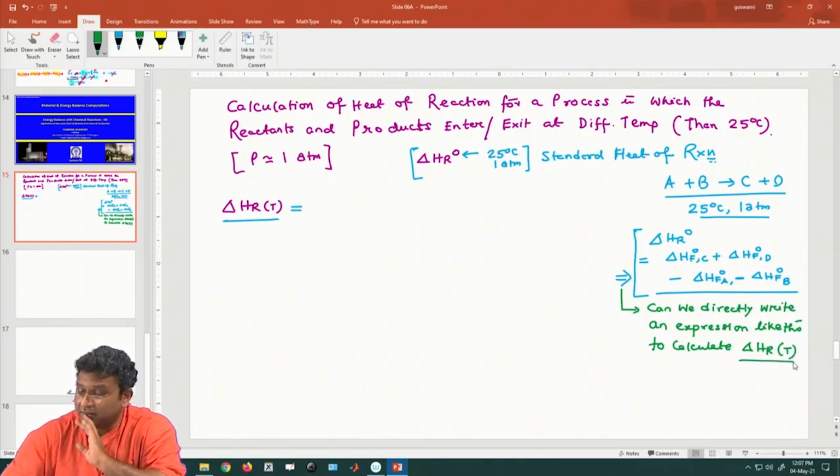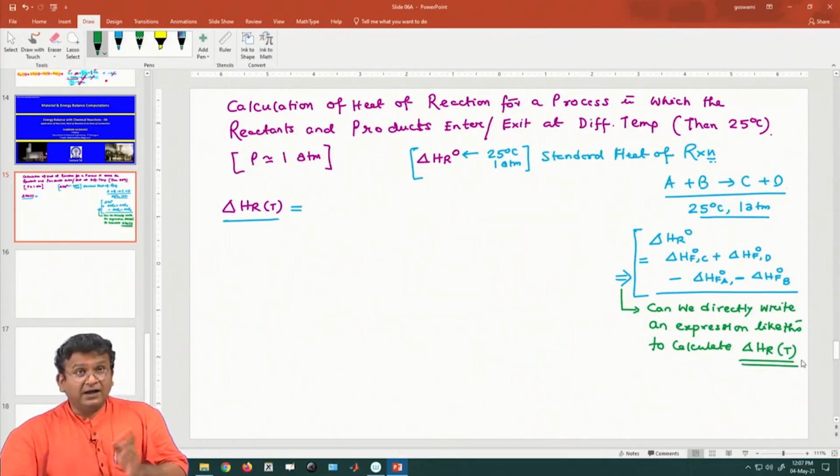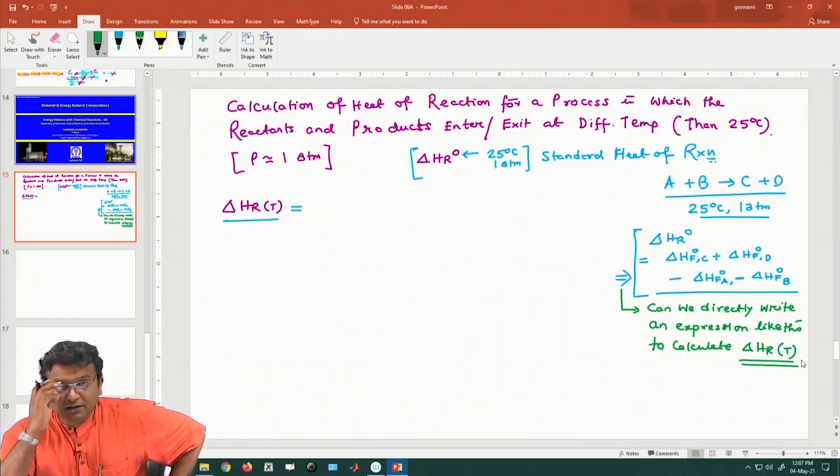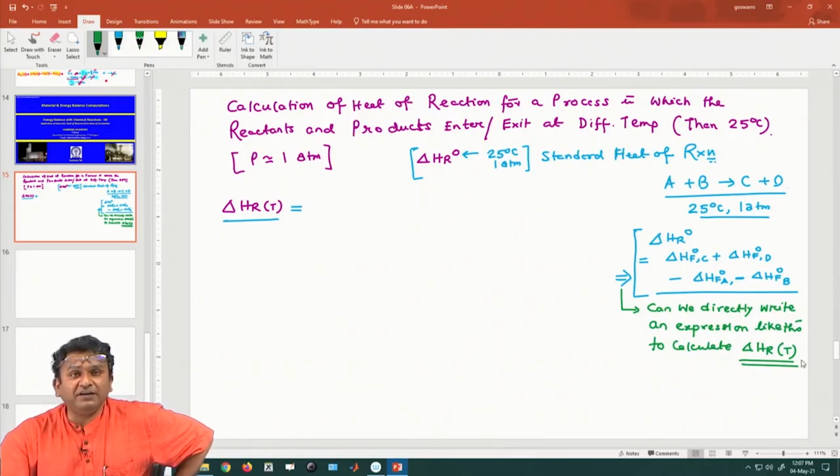This is a very simple thing, but I thought I will clarify it. The answer is theoretically yes, provided you know the heat of formation data for all the participating reactants and products at that temperature.